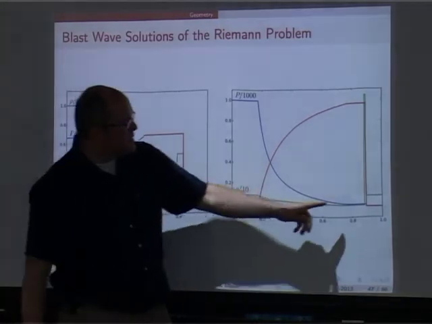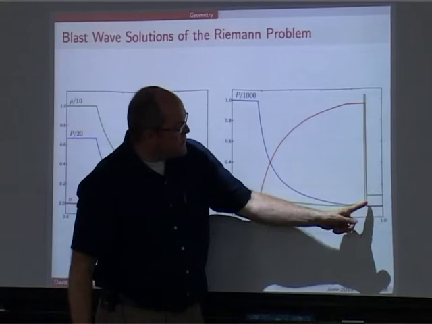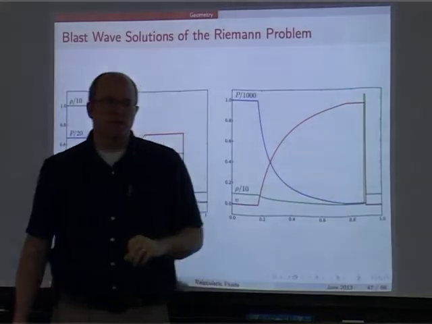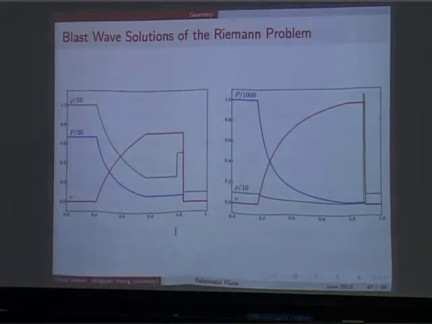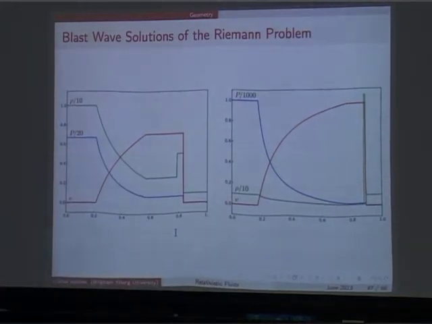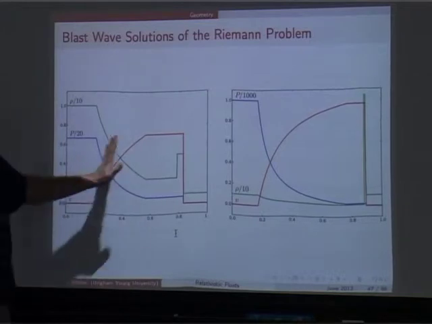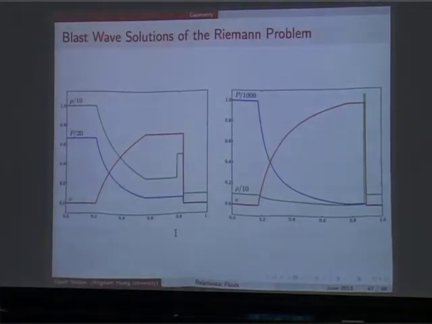And here we see the same features. I've got a huge rarefaction fan, but you notice how narrow my shock is now, and this contact discontinuity. So with relativity, because you have Lorentz contraction effects, these things can be very small. Anyway, that's an example of a case where I have a shock moving to the right and rarefaction waves moving to the left.